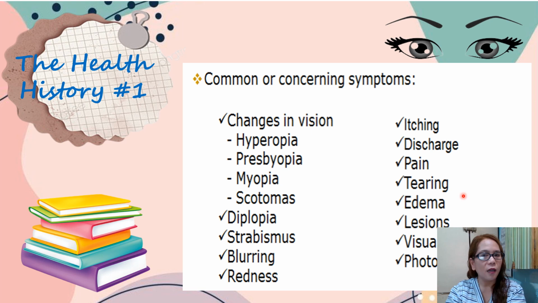Tearing, baka nagkaroon ng tearing kahit hindi naman siya umiiyak talaga, wala naman siyang emotional problem, pero nagluluha siya. This could be a sign of blockage in your nasal cavity. Baka may na-block dyan. Edema, lesions, visual disturbances, and photophobia.